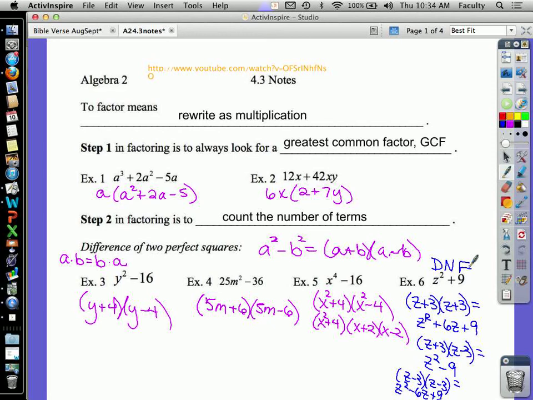Do not say no solution, because this was not an equation, so that doesn't make any sense to put the no solution symbol. The other thing is, if you would like to use some higher level mathematics, in upper level mathematics we say that it's prime. It's a prime polynomial, okay? But DNF does not factor is absolutely fine.